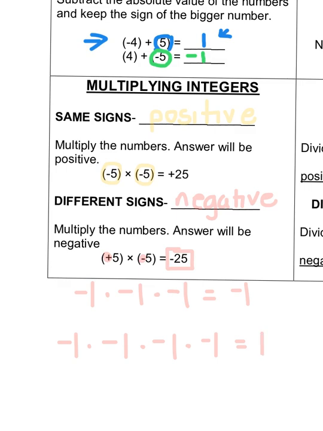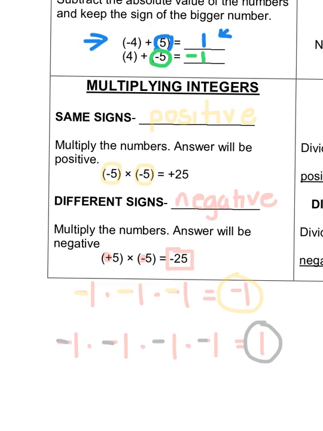So we can conclude from this that if you have an odd number of negatives in the problem, 1, 2, 3, your answer will be negative. If you have an even number of negatives in a problem and you're multiplying them, then your answer will be positive.